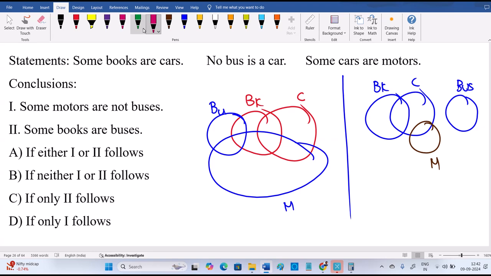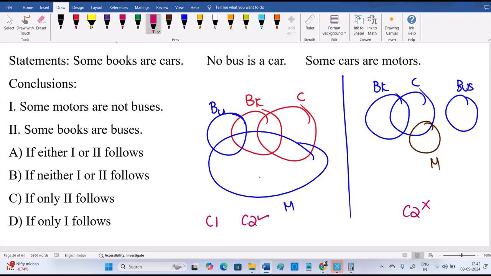It should be neither nor, or either or. Right. So that third one, first conclusion. Second conclusion, some books are buses. True here. Here, no books are buses. Second one, fail.